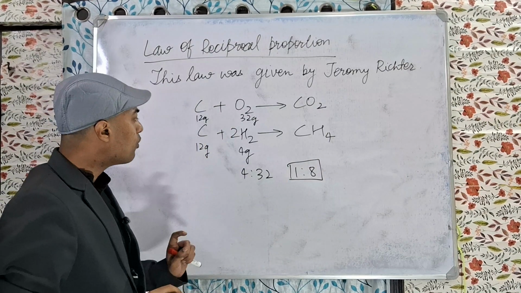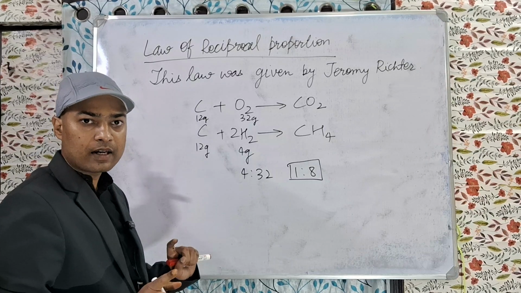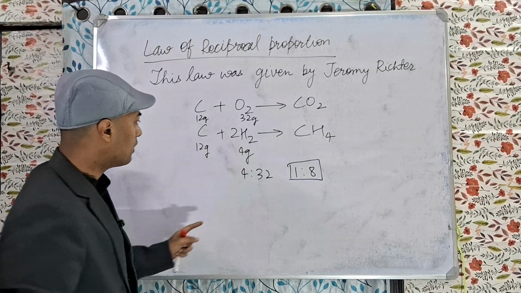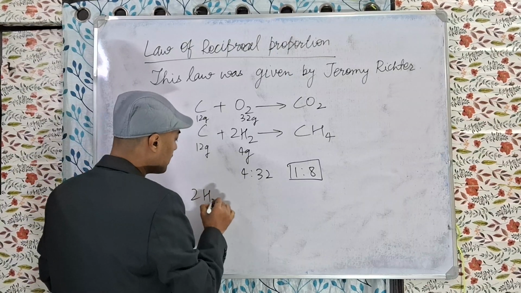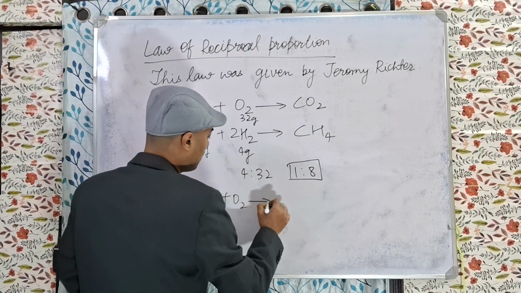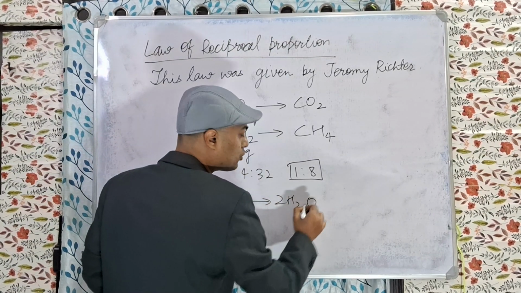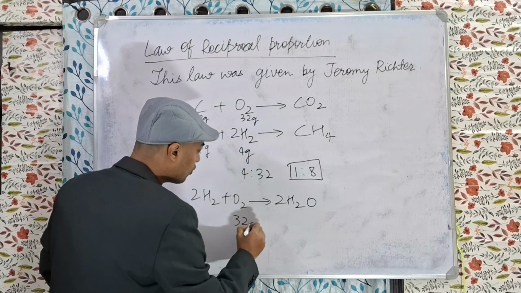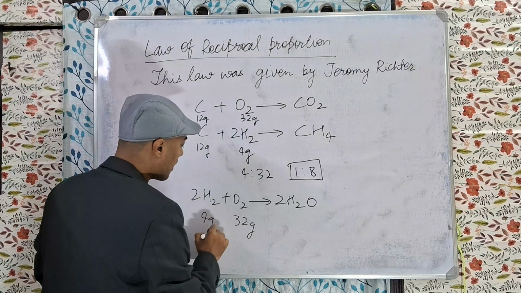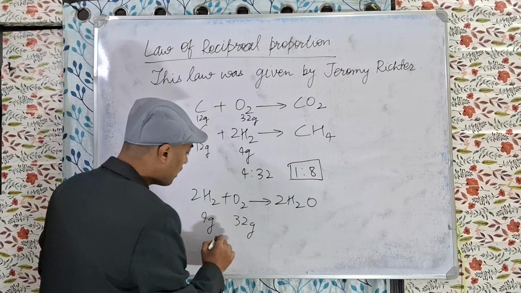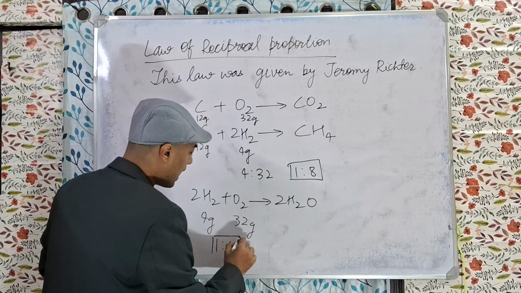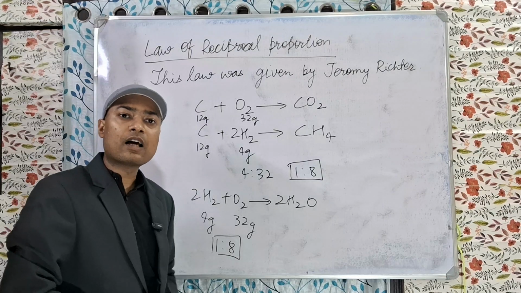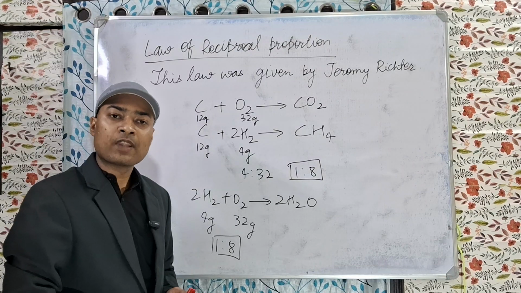Okay, now let us react those reactants which are not the same in both the reactions. So you react hydrogen with oxygen, and it gives you 2H2O. Now look at the ratio over here. This is 32 gram, and this is 4 gram. So again the ratio becomes 1:8, and it is the same over here. This is exactly what the law of reciprocal proportion says.